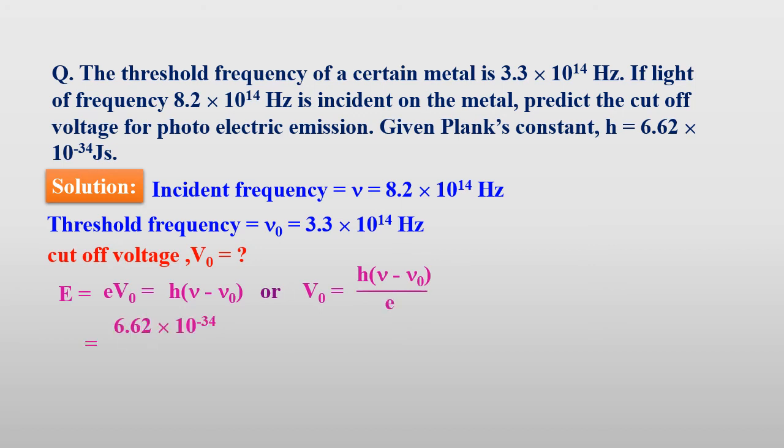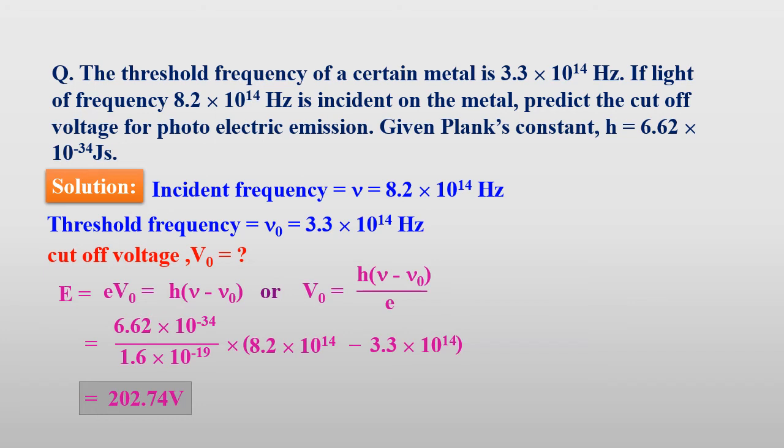By substituting the values, h is 6.62 into 10 to the power minus 34 divided by 1.6 into 10 to the power of minus 19, and nu value is 8.2 into 10 to the power of 14 minus 3.3 into 10 to the power of 14. By solving it, we get the answer 202.74 volt.